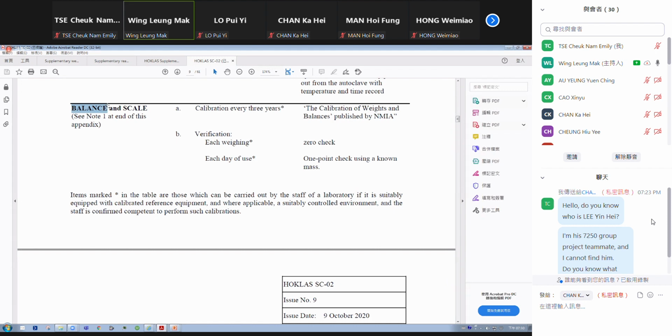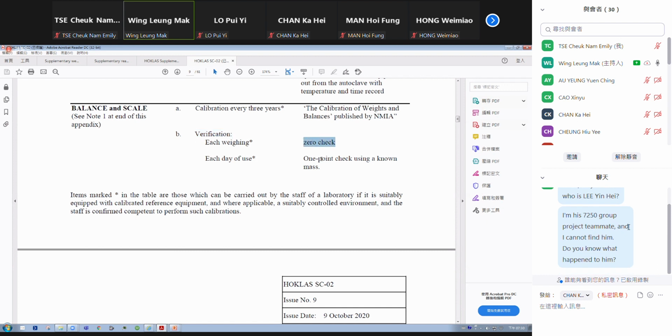For the balance, for example, it should be calibrated every 3 years according to this international standard. For verifying the balance for each measurement, you need to do a zero check. That means you need to tare to zero.